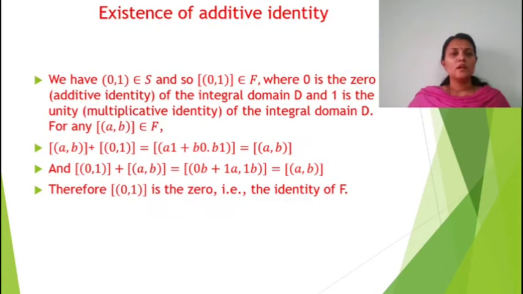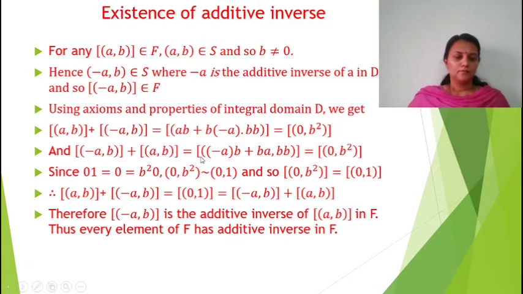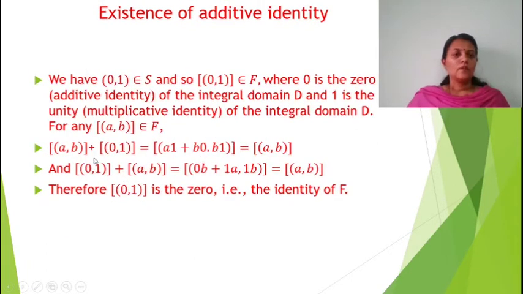So now we have to show the existence of identity. For that, we have (0, 1) an element of S, and so the class [0, 1] is an element of F. This is the equivalence class, where 0 is the additive identity of the integral domain D, and 1 is the unity of the integral domain D. For any [a, b] an element of F, [a, b] plus [0, 1] is equal to [a1 plus b0, b1], which is equal to [a, b].